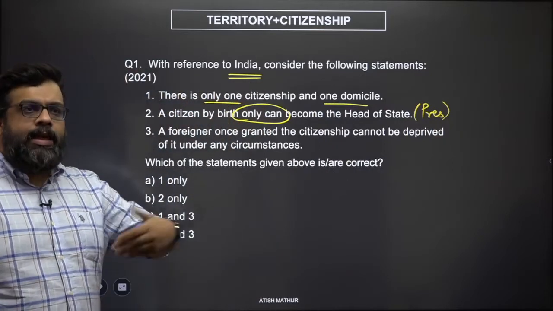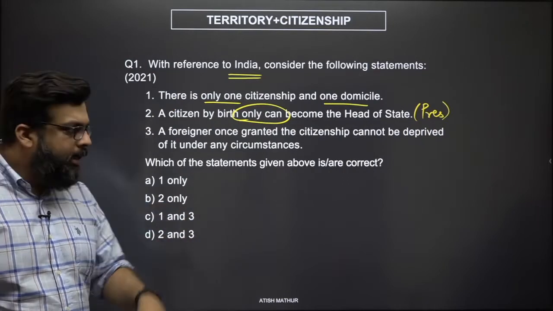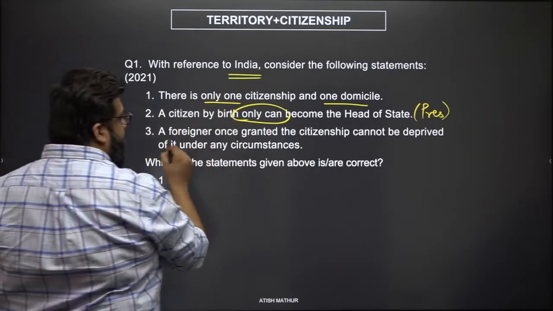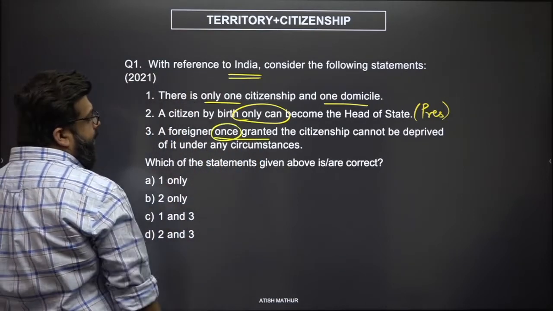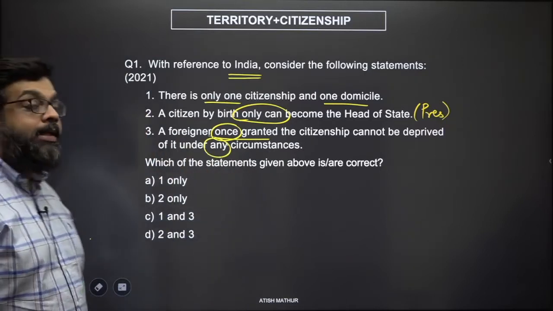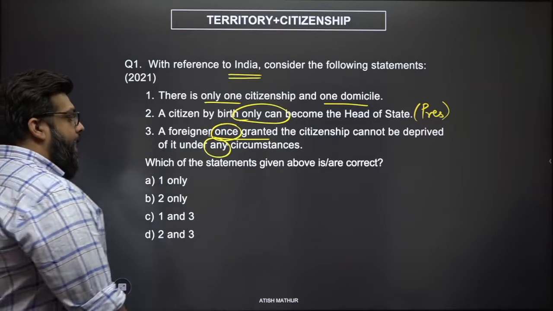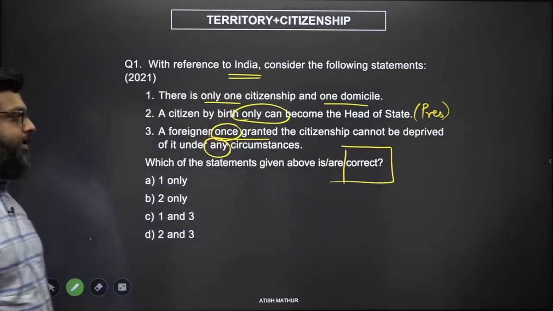Somebody who has naturalization, registration, or descent or incorporation can't. A foreigner once granted citizenship cannot be deprived of it under any circumstances, right? And the question is asking which of the following is correct.